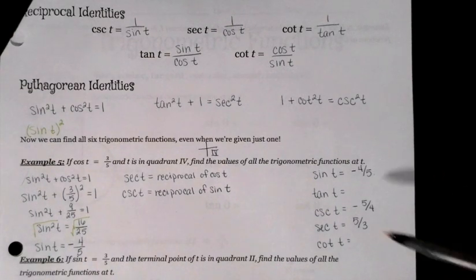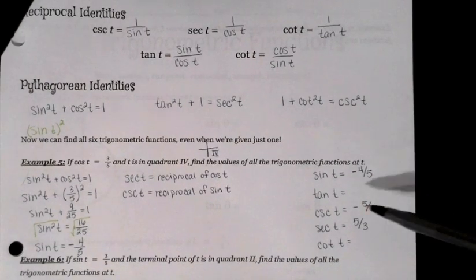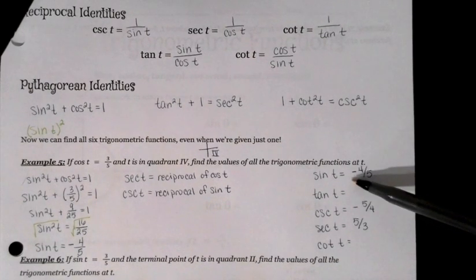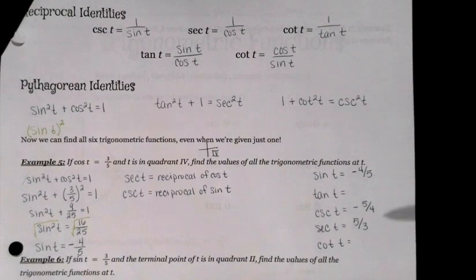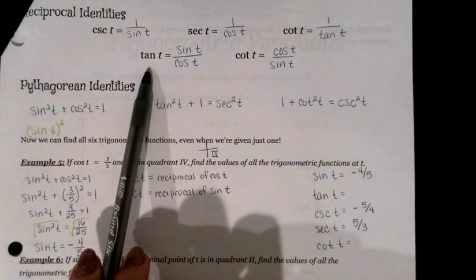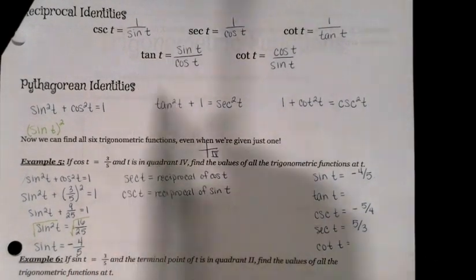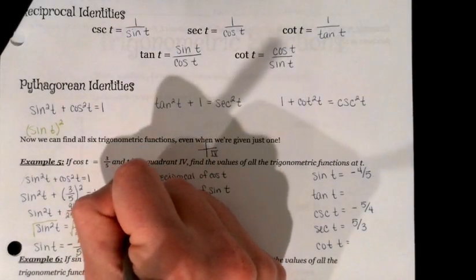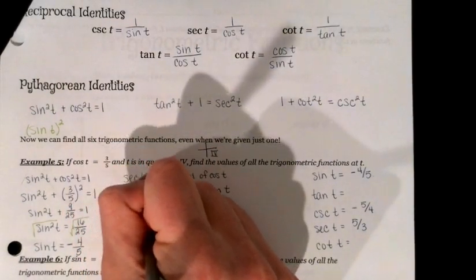So the last two I need are tangent and cotangent. If I can find tangent, then I know I can just flip it to get cotangent. I also know that tangent of t is sine divided by cosine, so that's going to be what I do to figure out tangent.